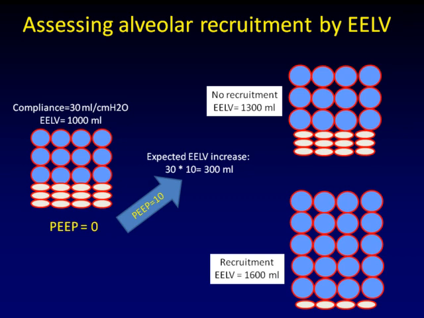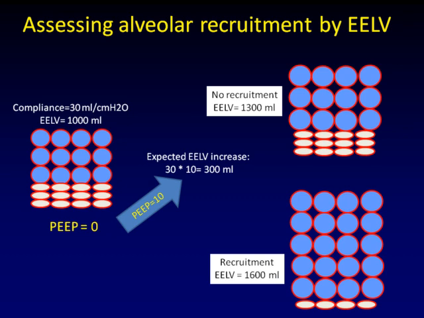Now, we can use end expiratory lung volume also to measure recruitment, to measure what happens when we change, as an example, PEEP, or when we apply a recruitment maneuver. If we have this region of the lung with a certain amount of open alveoli, and another 50% of the alveoli that are collapsed.